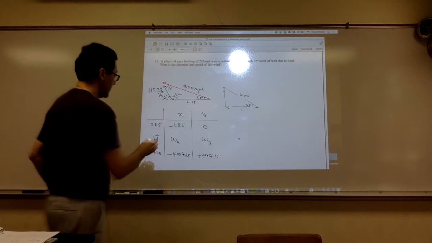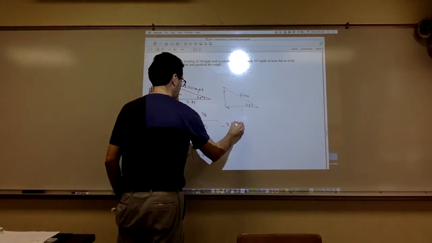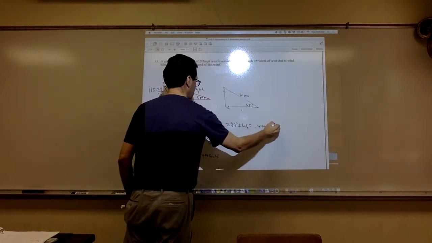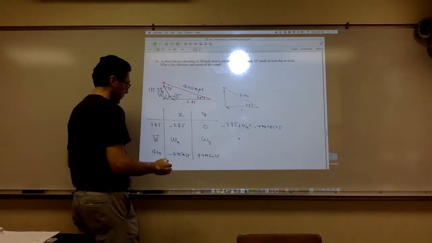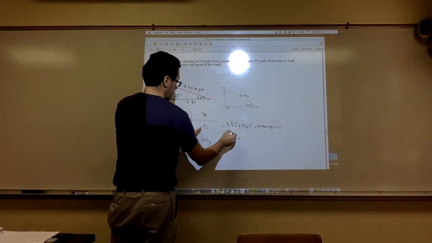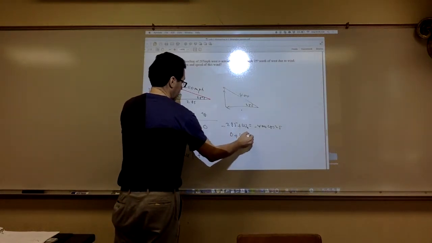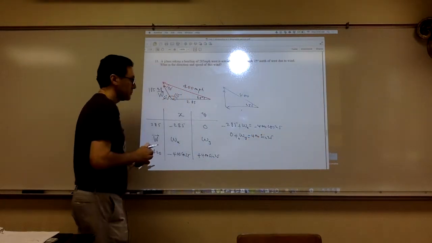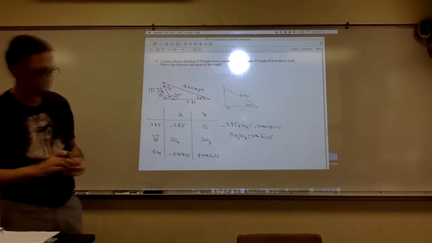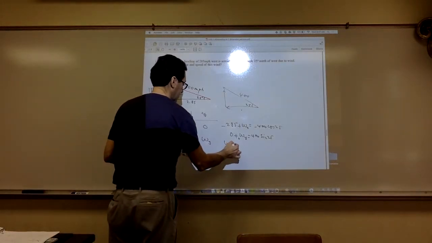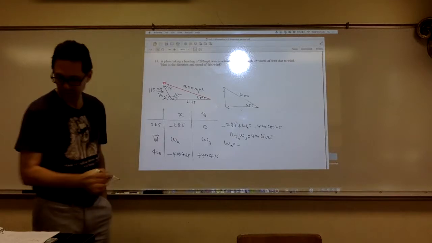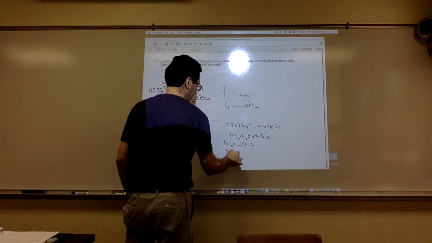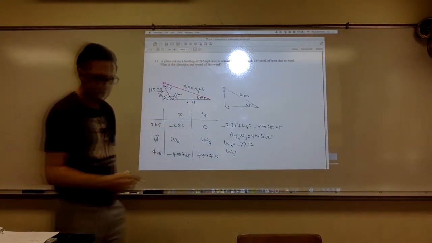Now basically, negative 285 plus Wx should be equal to negative 400 cosine of 25. And the other equation is 0 plus Wy equals 400 sine of 25. Once you find the components, you get Wx is equal to negative 77.52 miles per hour, and Wy equals 169.05.